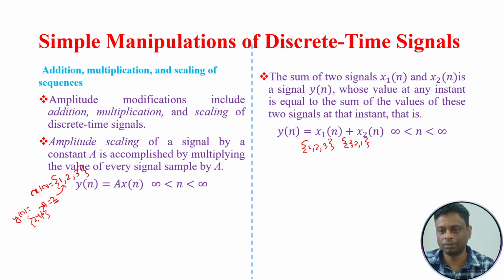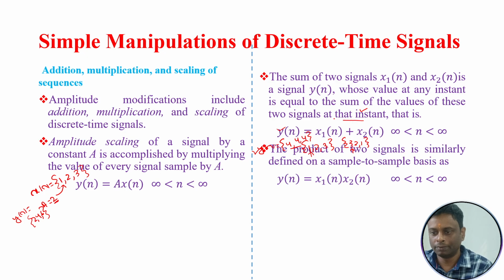You have to add the samples, so y of n will be 1 plus 3, that is 4, then 4, then 4. We are adding the samples at the same position, that is at the same instant. This is the summation of two signals.